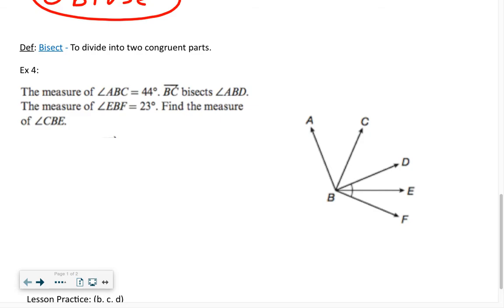The measure of ABC is 44, BC bisects angle ABD. Measure of EBF is 23. I want you to find the measure of angle CBE. On your own, go ahead and fill in the pieces.